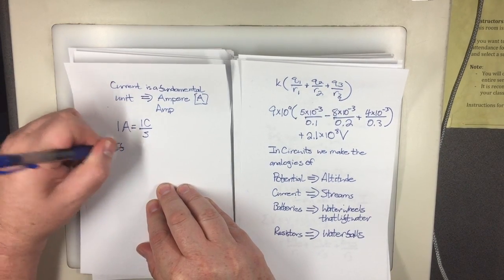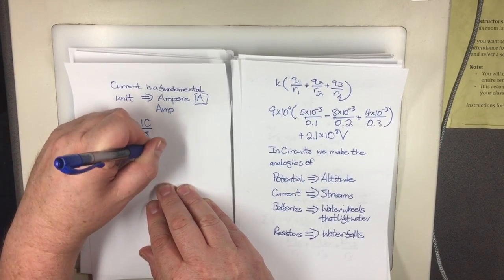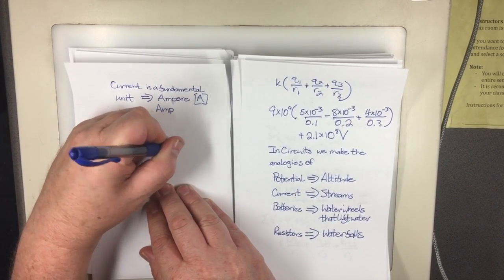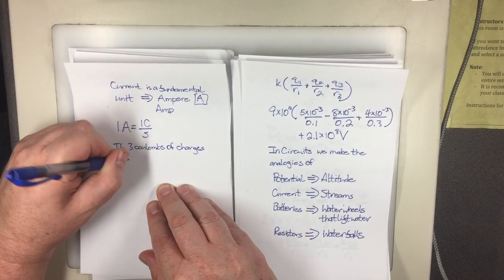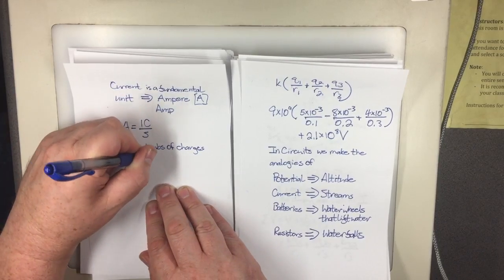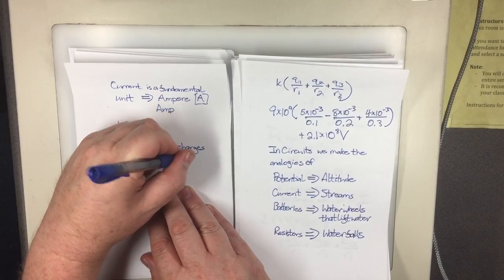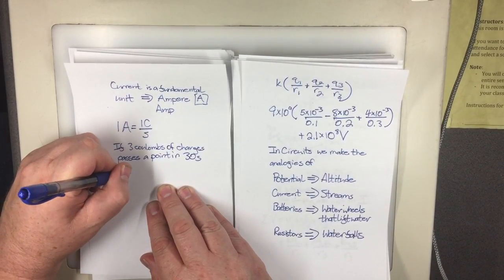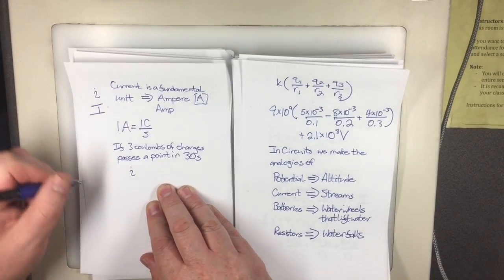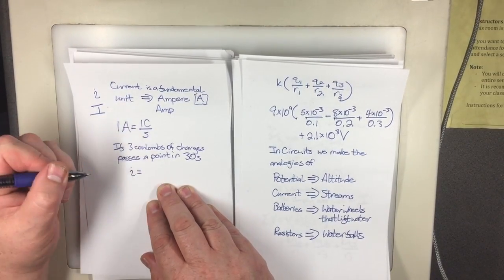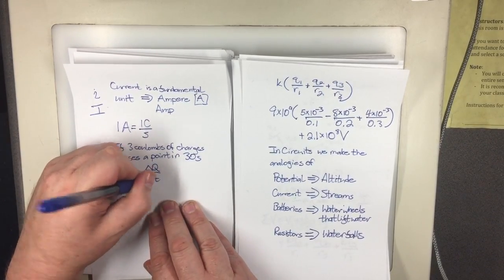If 3 coulombs of charge passes a point in 30 seconds, current, which I use as I, some people use big I, use little i, is just the delta Q over the delta time.